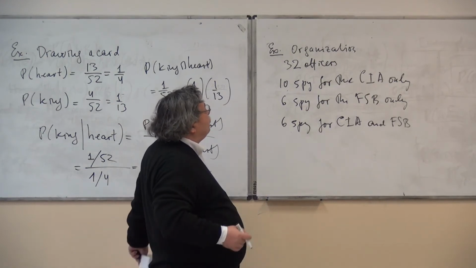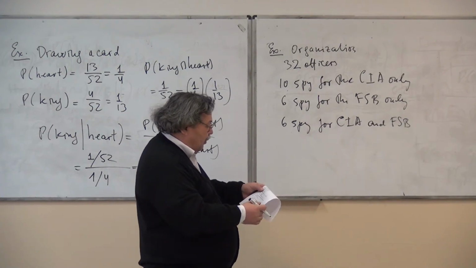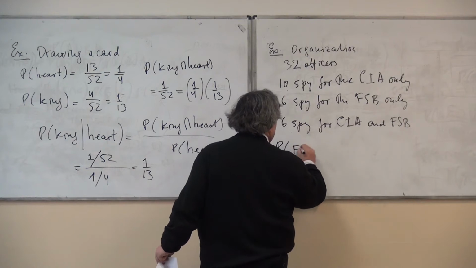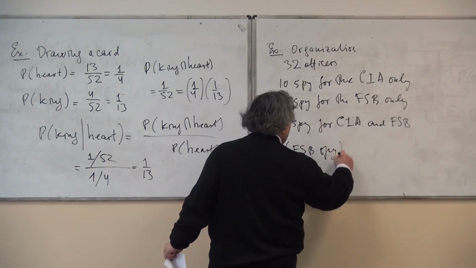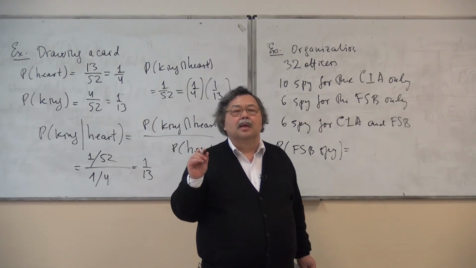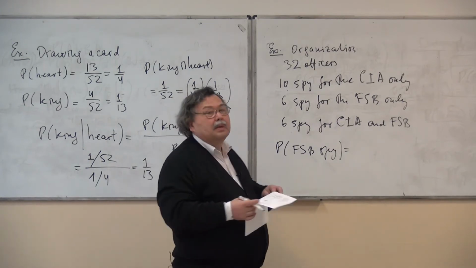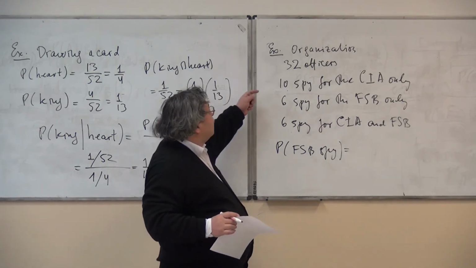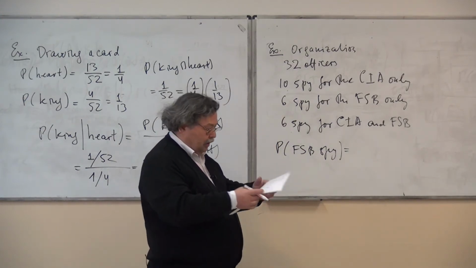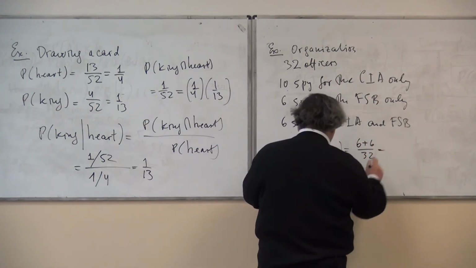Well, what's the probability that a randomly chosen officer is an FSB spy? We need to divide the number of FSB spies by the total number of officers. And how many officers are FSB spies? It's this plus this, so it's 6 plus 6 divided by 32.